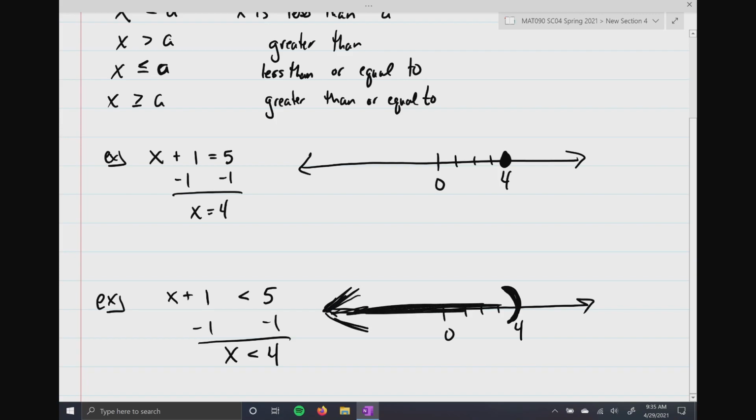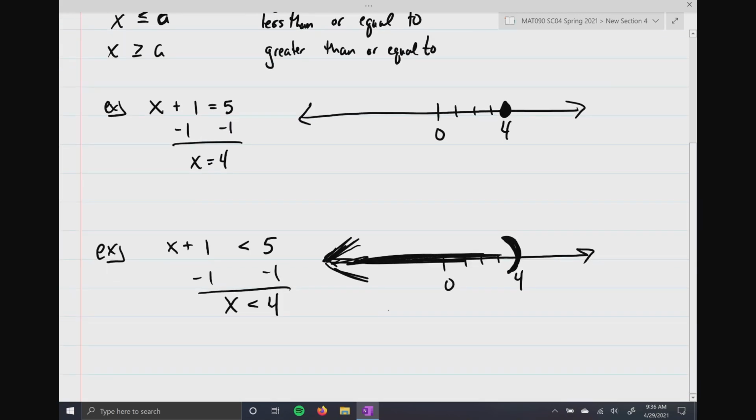In other words, in the first example, there is one and only one answer, x equals 4. However, in the second example, we have a bunch of answers, as long as they are less than 4. Does that make sense, everybody?